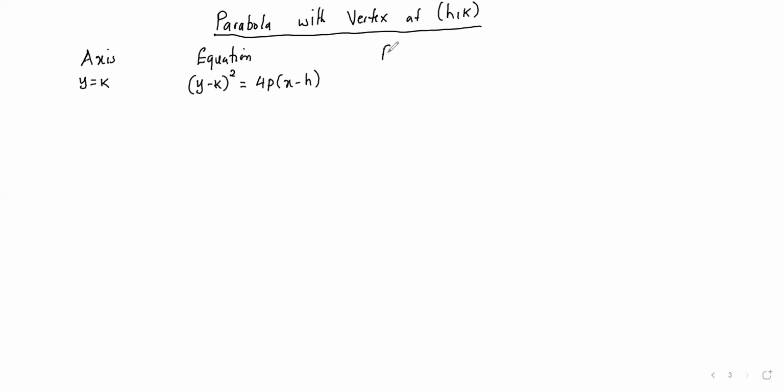And for this case, the focus is going to be h plus p, comma k, because it's located on the x. And then the directrix is going to be x is equal to h minus p. Remember, you always get the opposite of p.